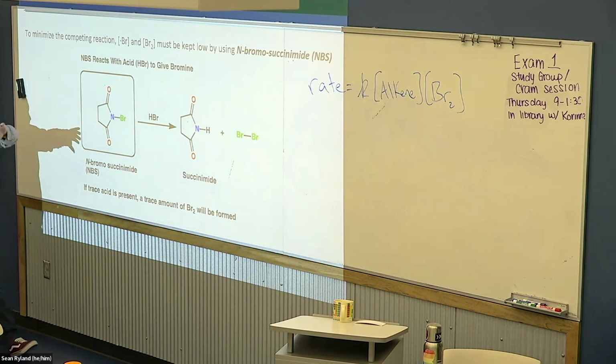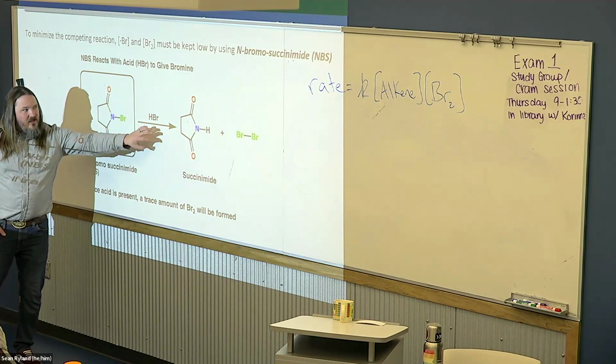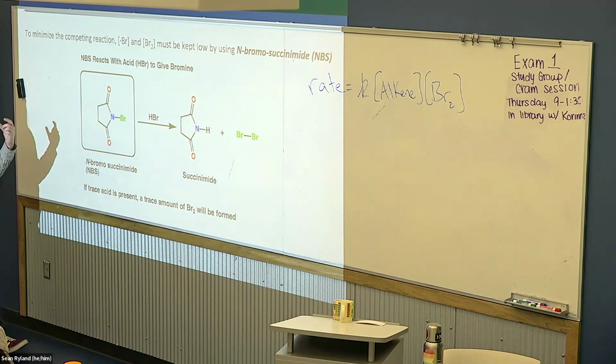There's more evidence that this step occurs, and it makes more sense when we get to some of the other details. The net result is we're going to make bromine radical in very small controlled concentrations.